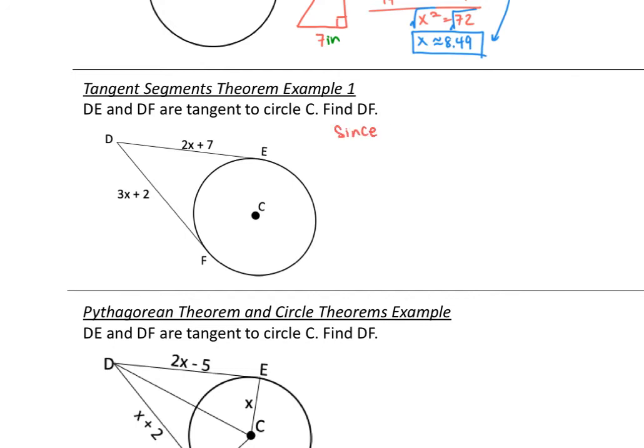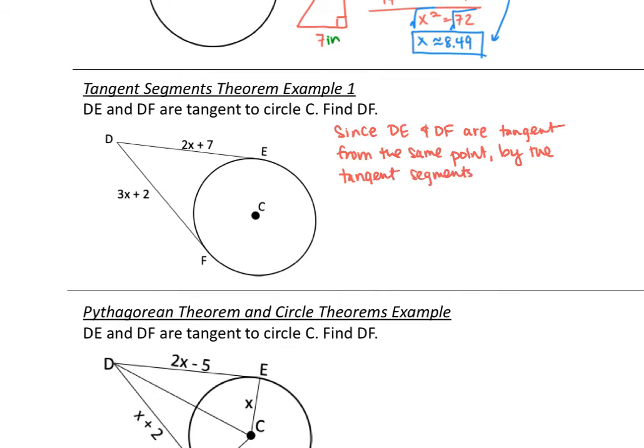Since DE and DF are tangent from the same point, by the tangent segments theorem, they are congruent.